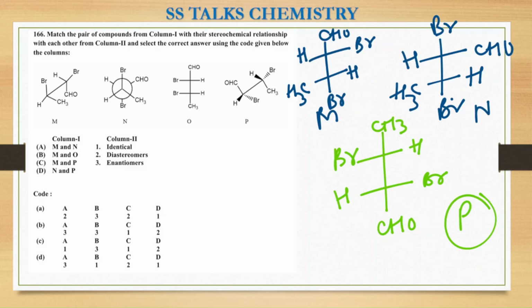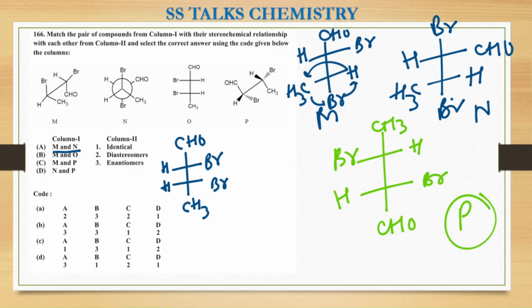So they are saying the first thing is the relation between this M and N molecule you have to find out. So M molecule is CHO, this is Br, hydrogen, and we can do the 180 degree rotation around this so that the methyl group you can bring onto the vertical line. Here the methyl group, here the Br will be present, and here you will be having this hydrogen atom.